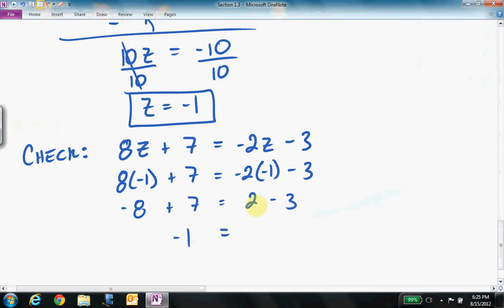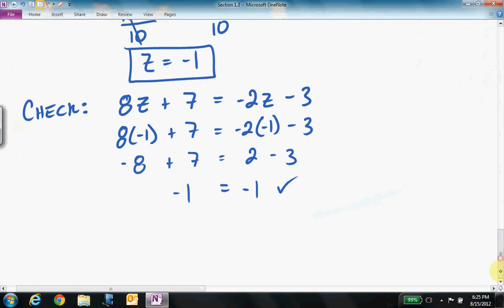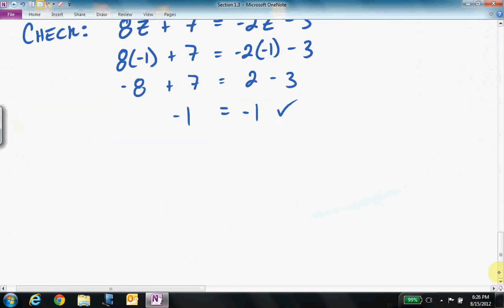On the right side, 2 minus 3 is going to give me negative 1. And I can see negative 1 definitely equals negative 1, so I know I've done it correctly. And this is just chance that these numbers match. Most of the time they will not. Alright, let's look at one more, and then we're going to move on to the distributive property.